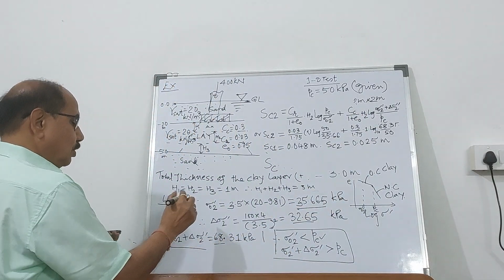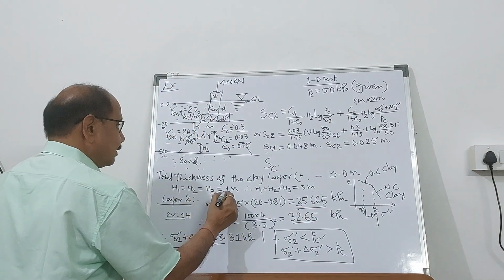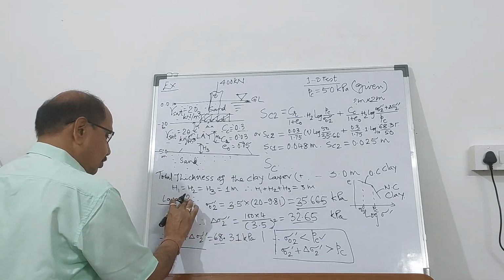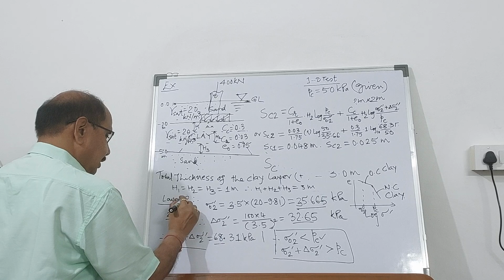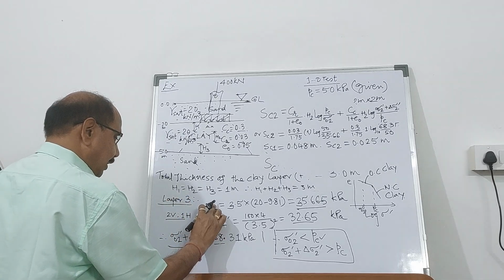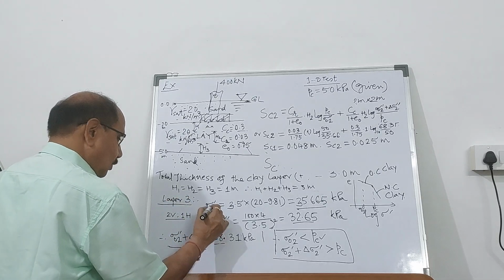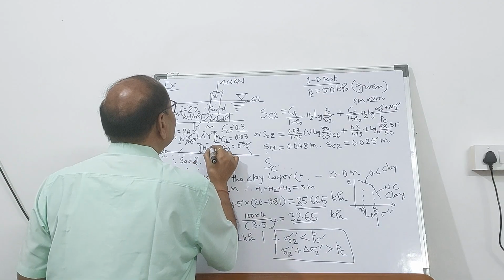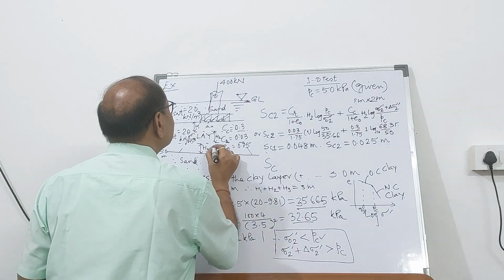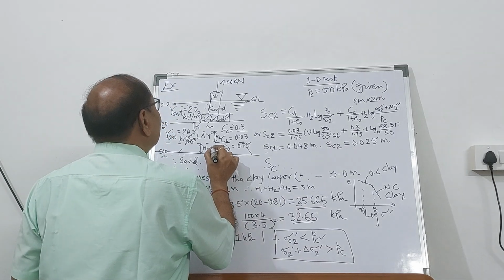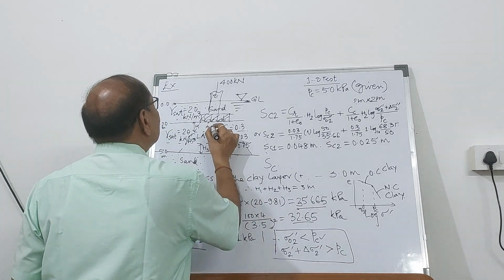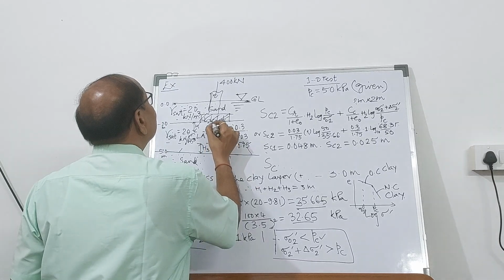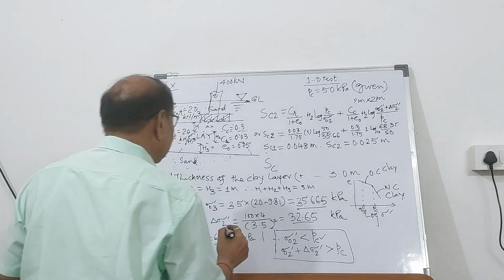Now, what about the third layer? Third layer is going to be also 1 meter. So let's go to layer 3 and calculate sigma naught 3. At the midpoint of this layer 3, what is this height? 1 meter, 1 meter, 2 meter. So 2.5 plus 2, 4.5.